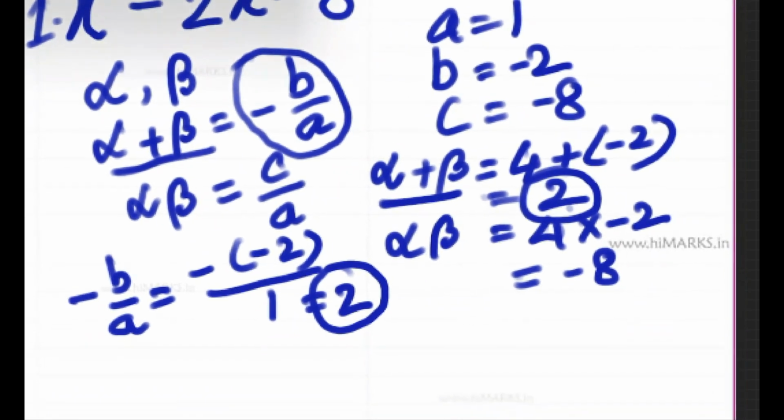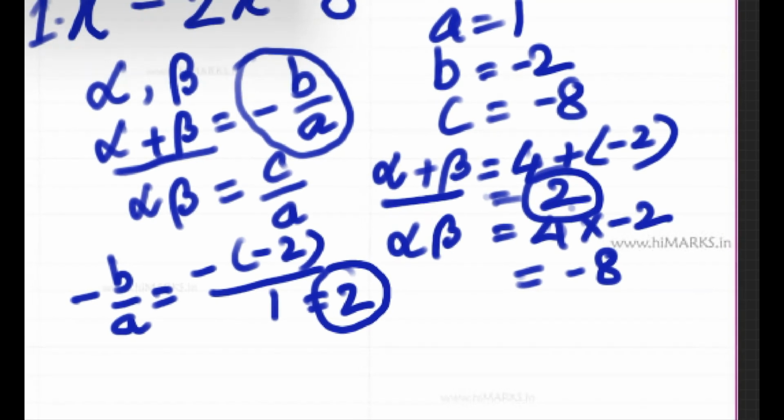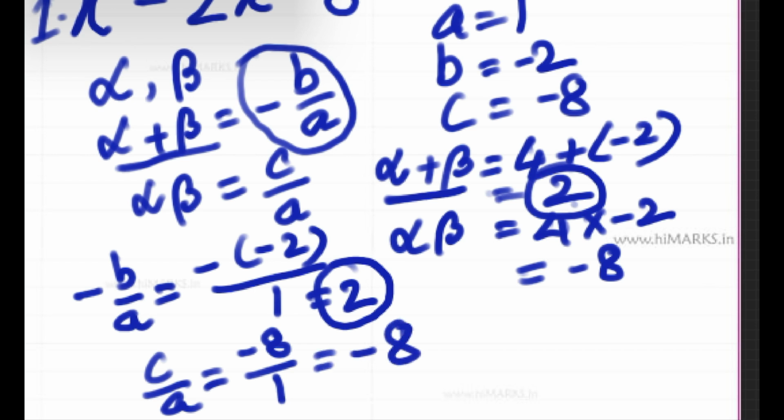In the same way, let us do it here. Alpha into beta is minus 8, so that should equal c by a. c by a is c is minus 8 by a is 1, which is minus 8.